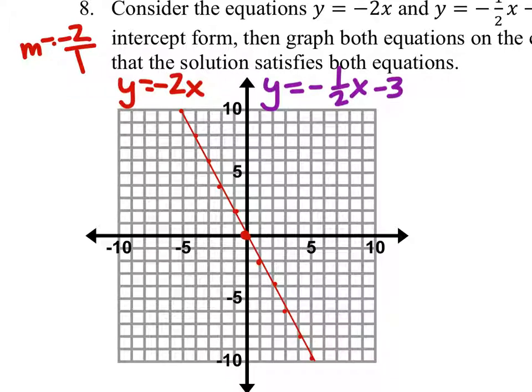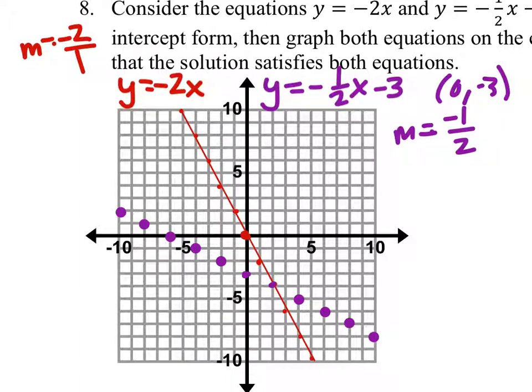Now we need the purple one, which has a y-intercept of (0, -3) and a slope of, I'm going to make that down 1 to the right 2. So (0, -3) right here, down 1 to the right 2, and that pattern continues, but it also continues to the left.